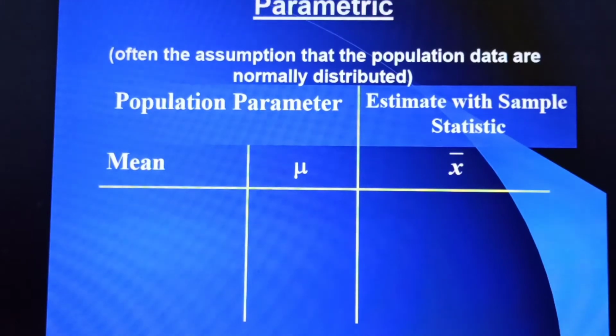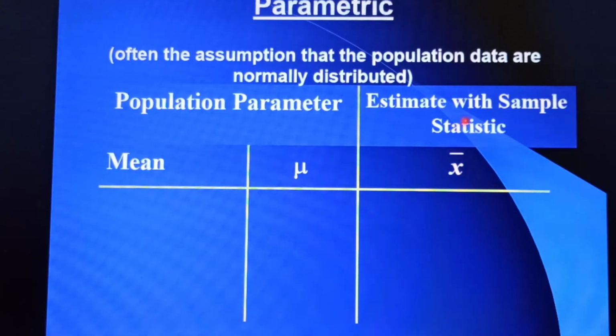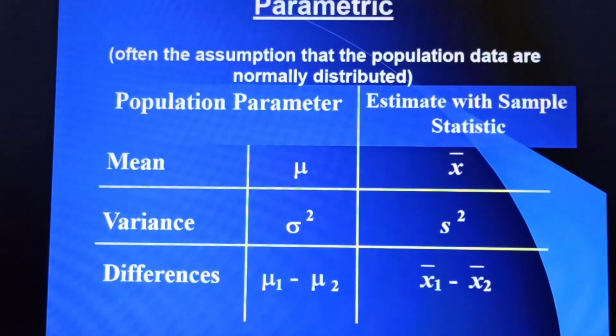From the population a sample is drawn, and in the process from population to estimate, we have parameters and statistics. Apart from the mean, you can have variance and standard deviation, and you can have the difference of two population means and the difference of two sample means.